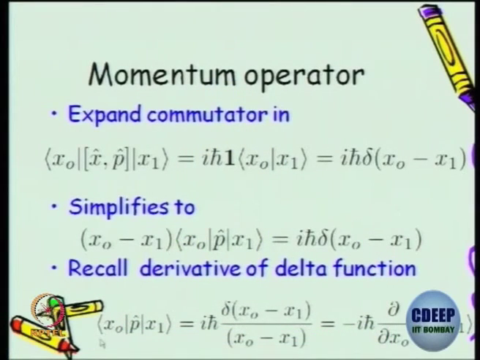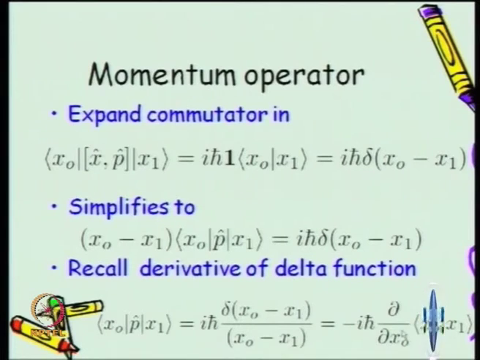So what have we shown here? From here, the matrix element of the momentum operator in the position basis is nothing but minus iħ ∂/∂x0 on the delta function of x0 minus x1. So this is what we are showing.